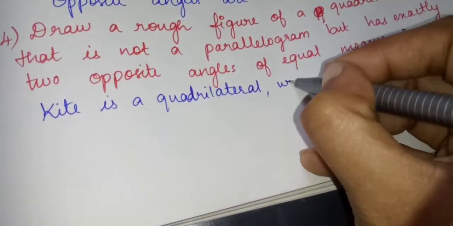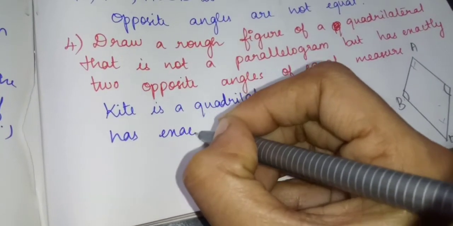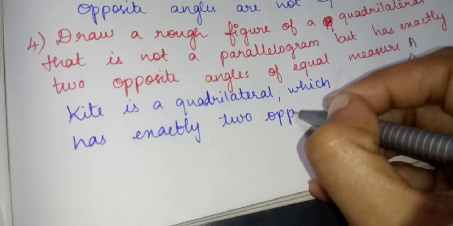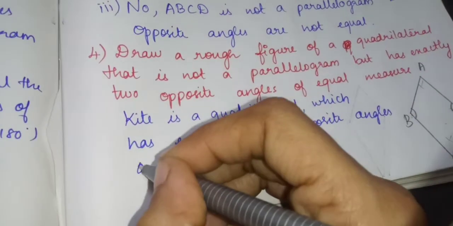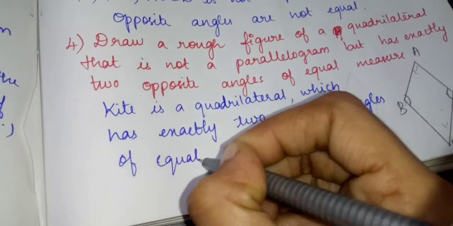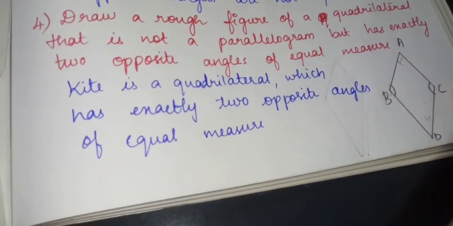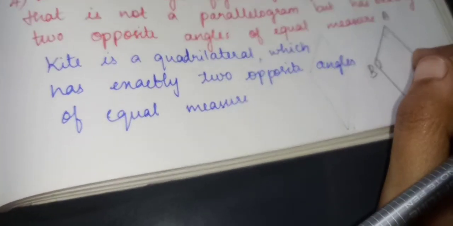Kite is a quadrilateral which has exactly two opposite angles of equal measure. Okay, so actually the kite is a quadrilateral, children, which has exactly two opposite angles of equal measure.